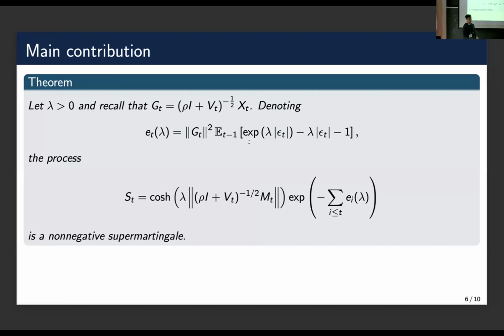And based on this definition of E_t of lambda, we can construct a non-negative super martingale, which is actually pretty interesting because we have a hyperbolic cosine part and an exponential function part. And the first time I came across these kinds of non-negative super martingales, I thought they were beautiful.